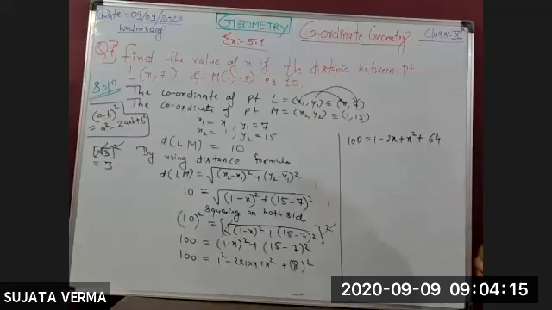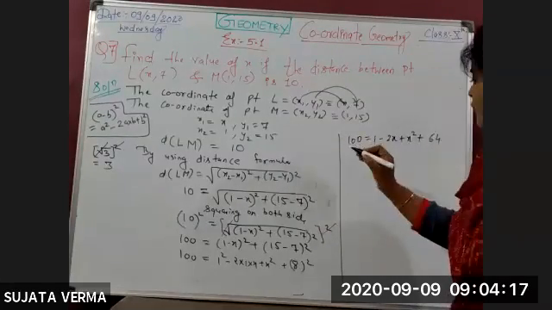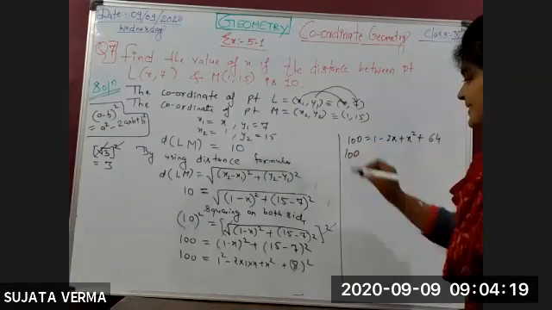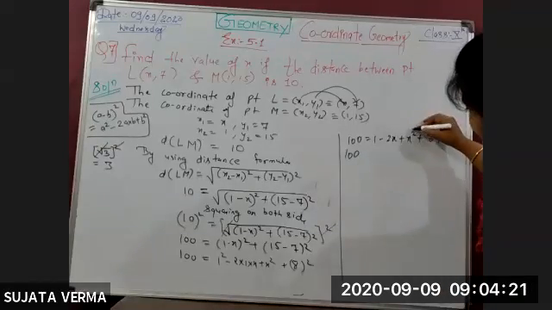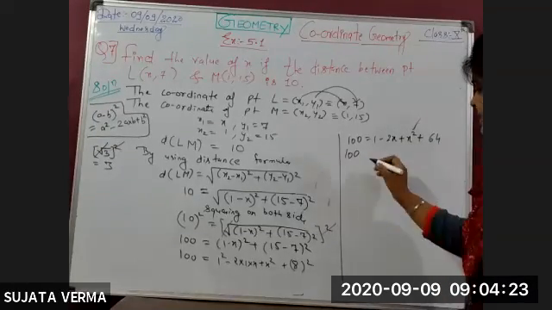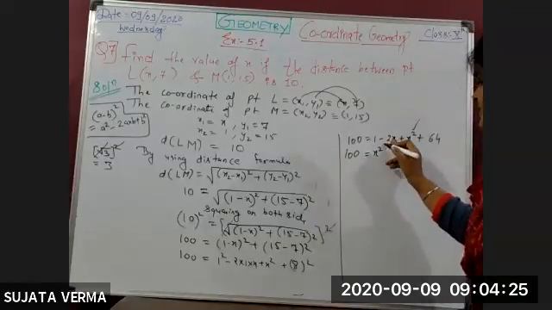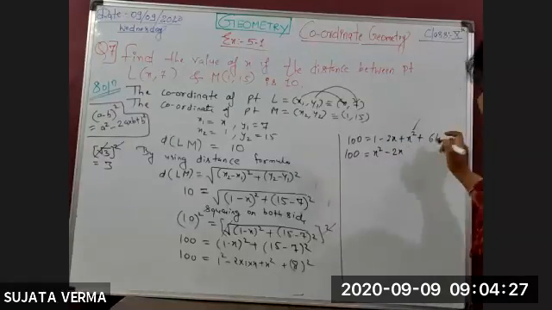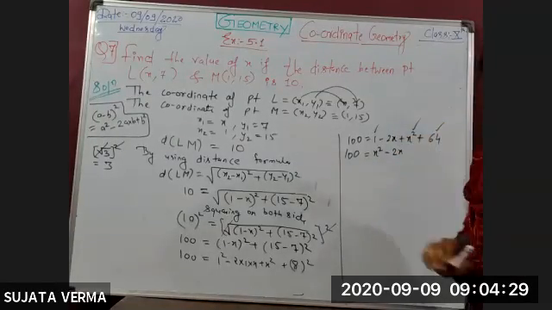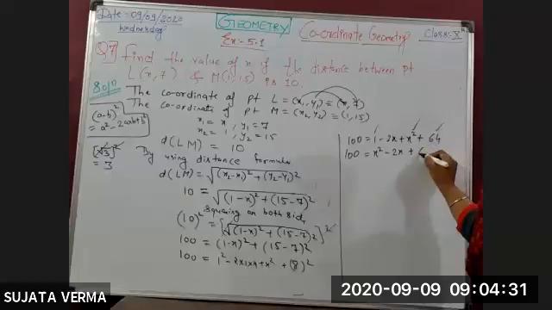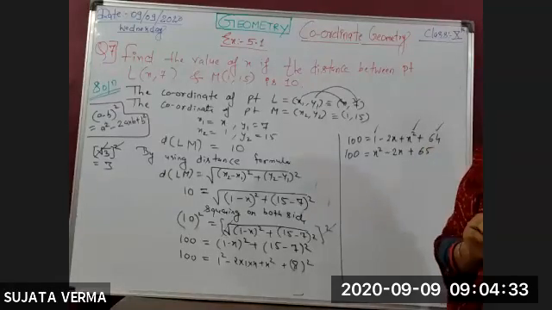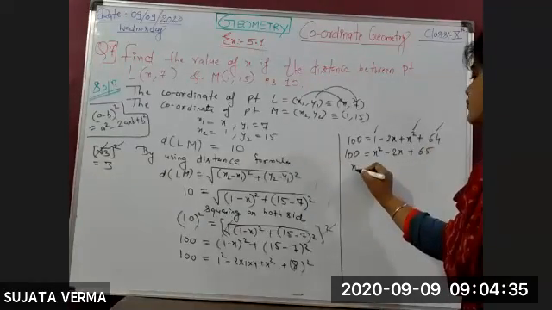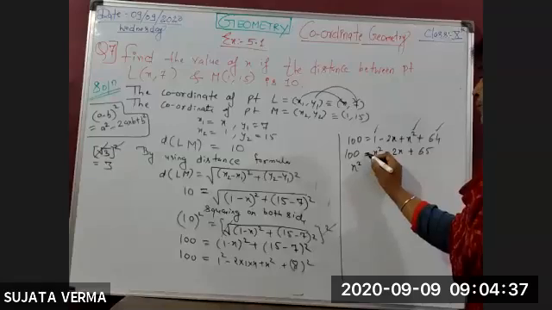So we get 64. Now 100 as it is. Here first we write the higher power term, that is x square, then minus 2x, 64 plus 1 equal to 65. Clear?